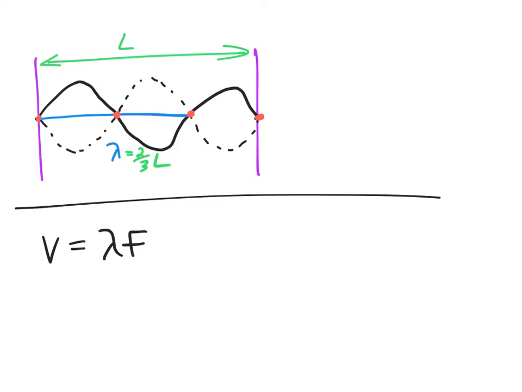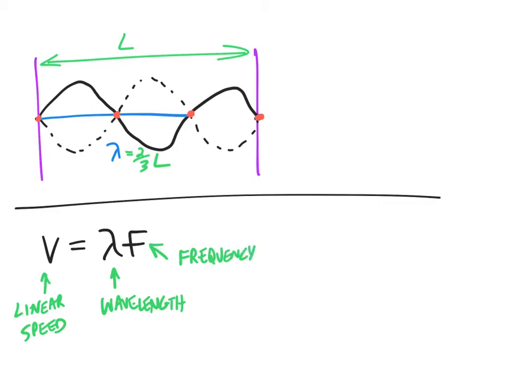So lambda, just to be sure, so this is a linear speed. This is what we call the wavelength. And this is the frequency. All right?